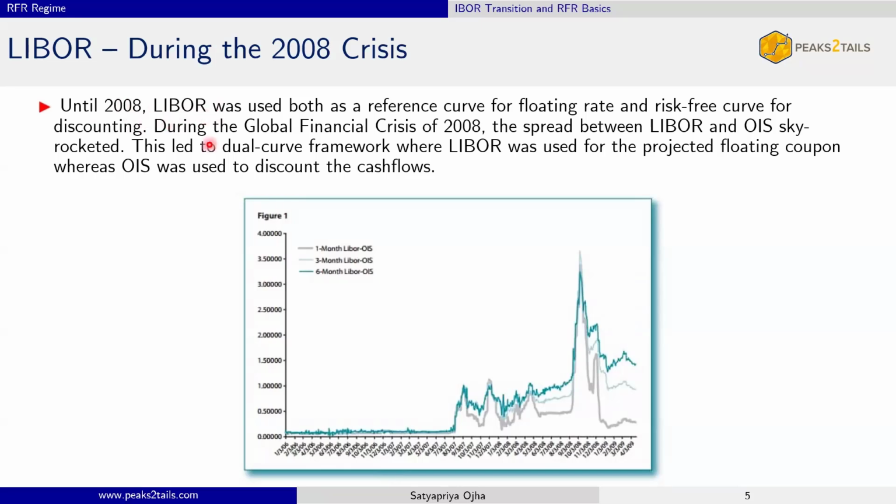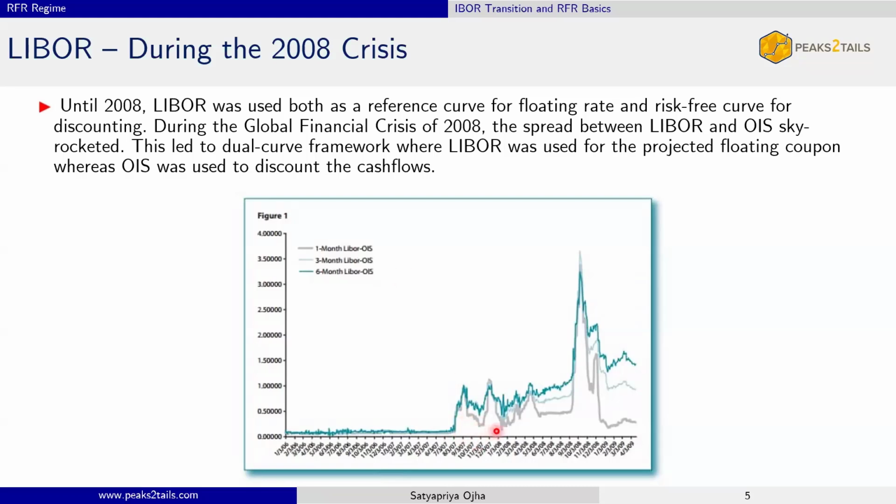During the 2008 crisis, what was observed is, if you see this particular graph, till 2008, there was virtually no difference between LIBOR and OIS. OIS is overnight index swap, which referred to the effective federal fund rate. Okay, there was no difference. So it did not matter which one you used, right? So everybody used LIBOR.